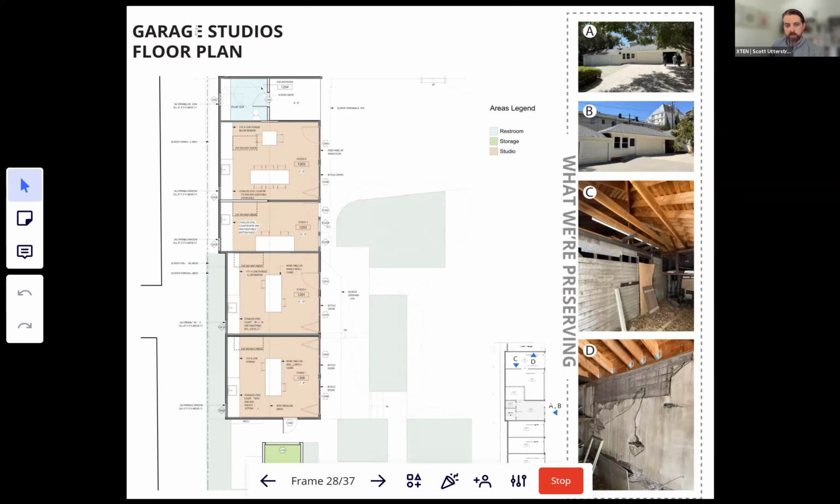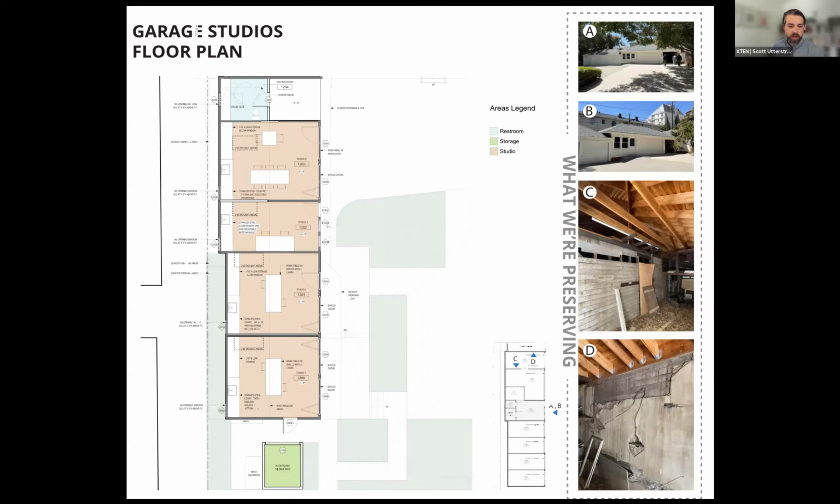The 4 garages to the south, we are combining into 2 artist studios, and due to the kind of restricted height in those units, we've opted to create a new roof, lift it up, giving more space to those units, and really creating the most intervention there, along with a new accessible bathroom here that would be used by the artists and during public and for some of the performance events that take place.